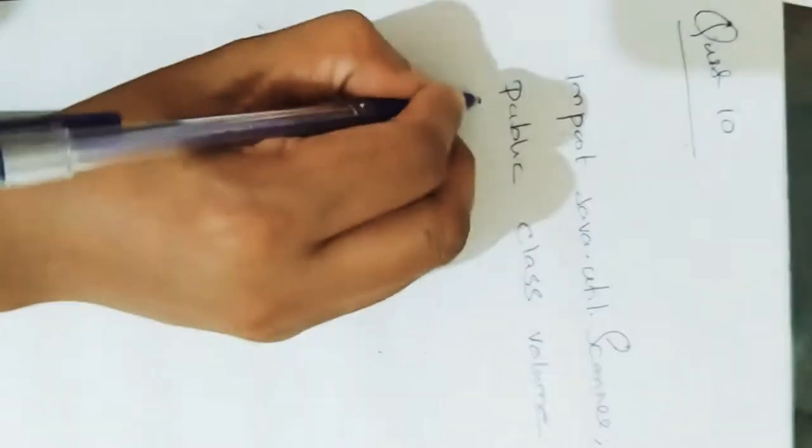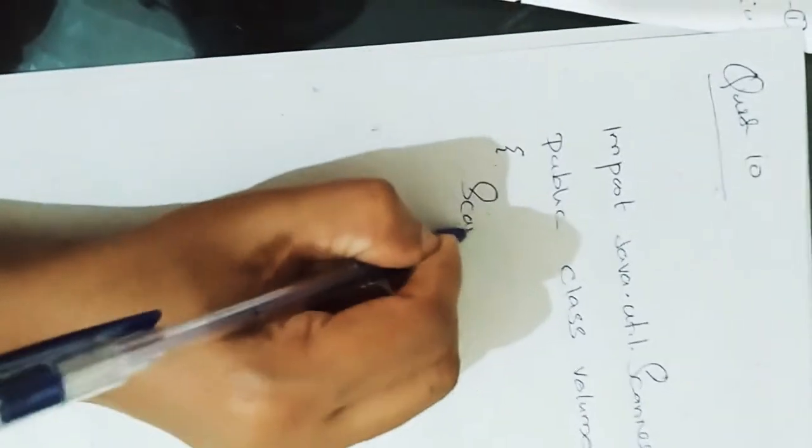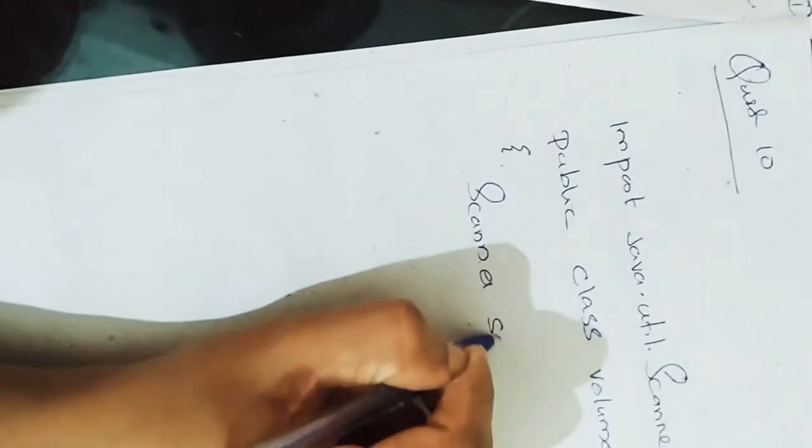So volume I have declared, and next moving to your functions. Before that I will write Scanner sc is equal to new Scanner(System.in). Okay, so we are going to find out the different functions and then their volumes.